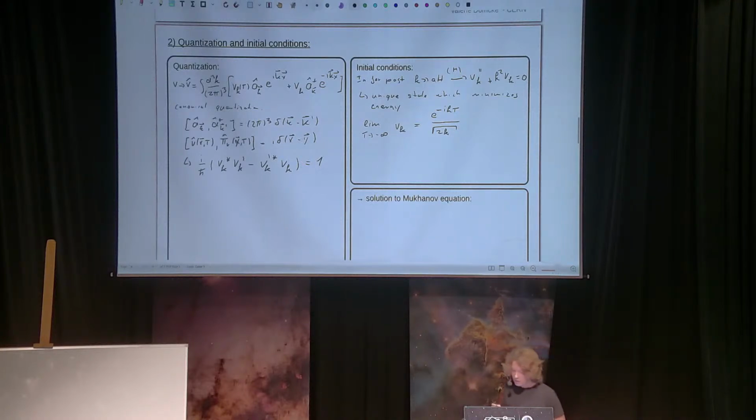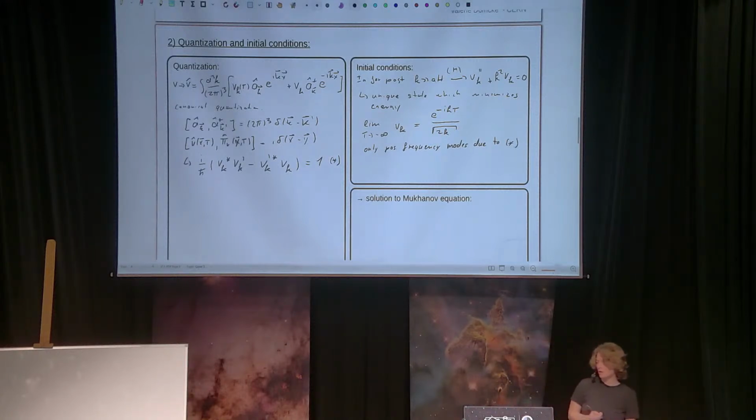So I've already used that. So let me call this star, right? And here I already used this, so only positive frequency modes due to star. And that means at this point we have our initial conditions fully fixed.